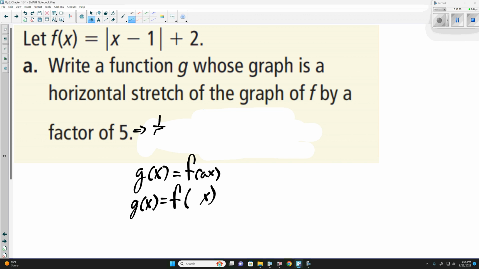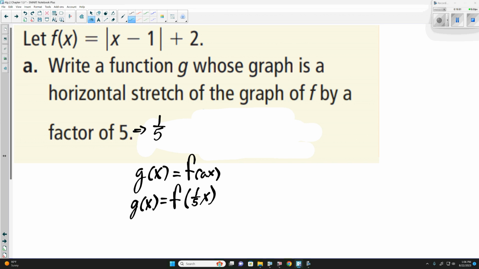Exactly. We would indeed have to flip it. 1 over 5x.